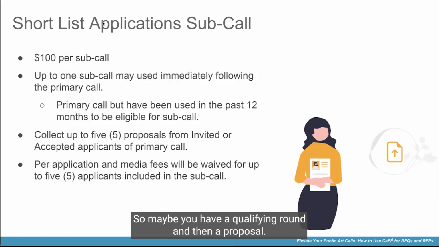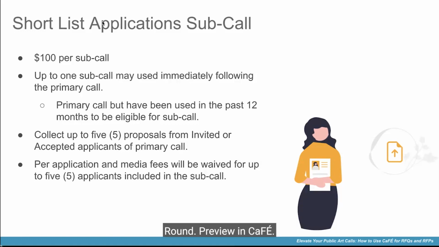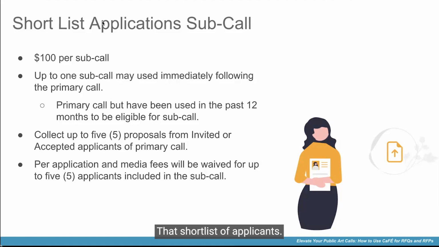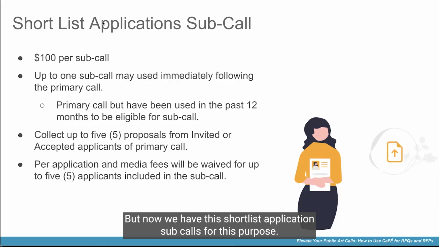So maybe you have a qualifying round and then a proposal round. Previously in CaFÉ, we didn't allow this unless you purchased multiple calls, because essentially this was just for selecting that short list of applicants. But now we have this shortlist application subcalls for this purpose.